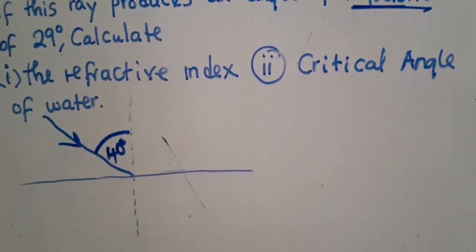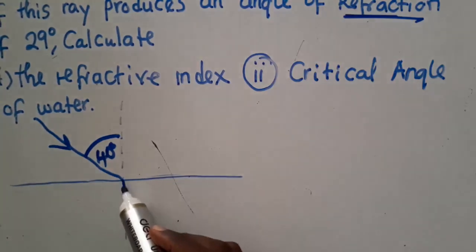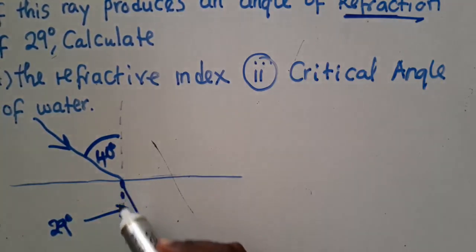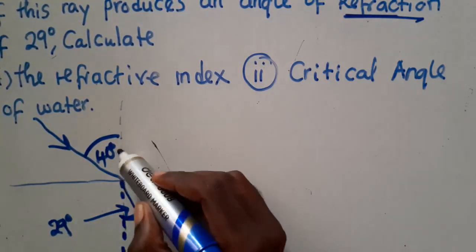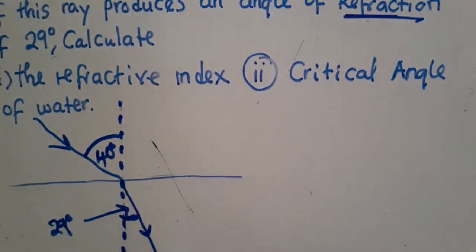So where is the angle of refraction located? It is there like this, 29 degrees between the normal ray and the refracted ray.